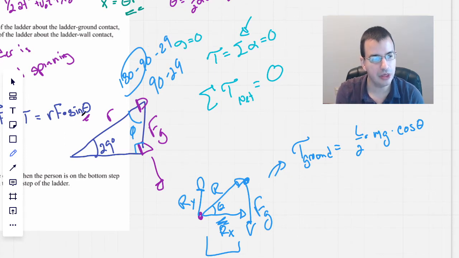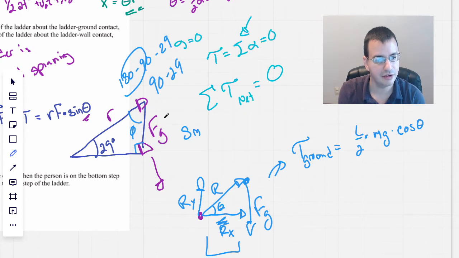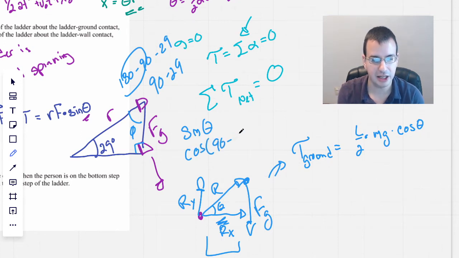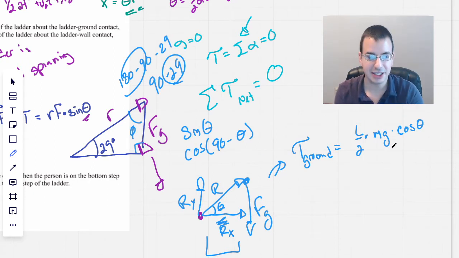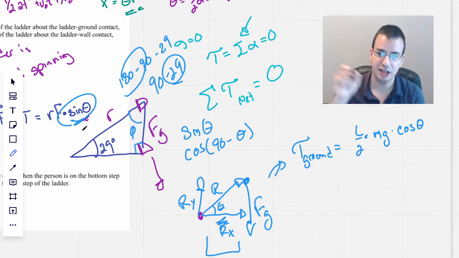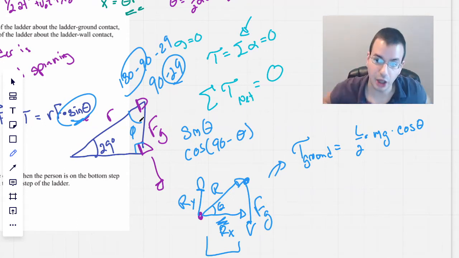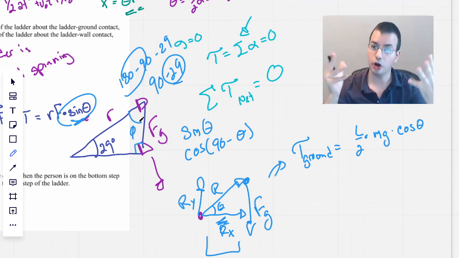And the sine of theta in this case would equal the sine of theta, which is the same as cosine of 90 minus theta, which we found up here, where 29 is theta. So it makes sense that we would use the cosine for this, even though we're really looking at a sine, because we're looking at another angle in the triangle. This is all just different ways of looking at it. Whichever way makes the most sense for you, go with that one.